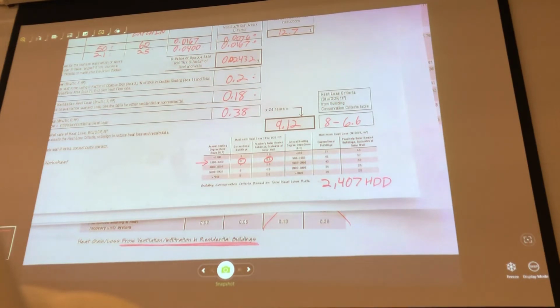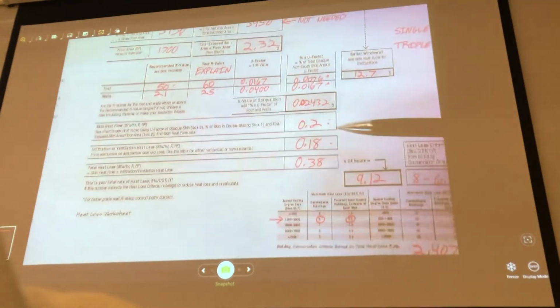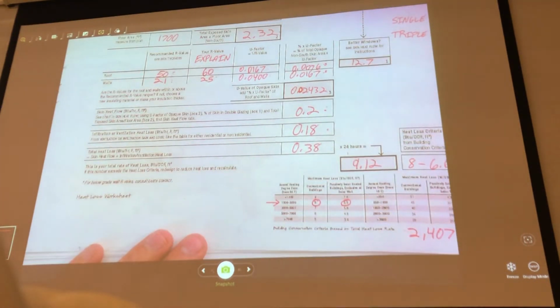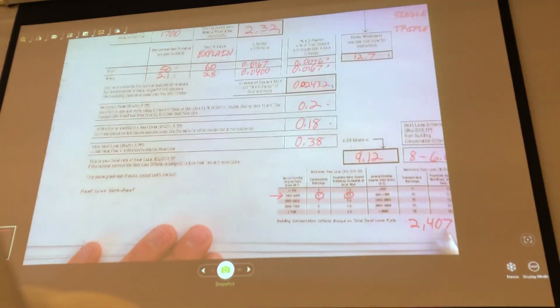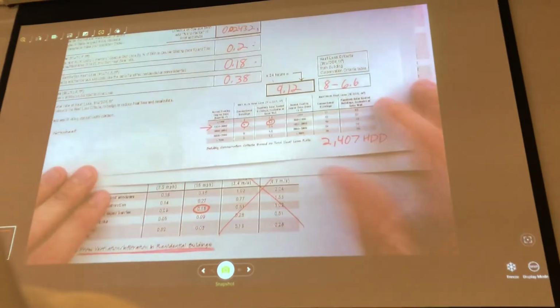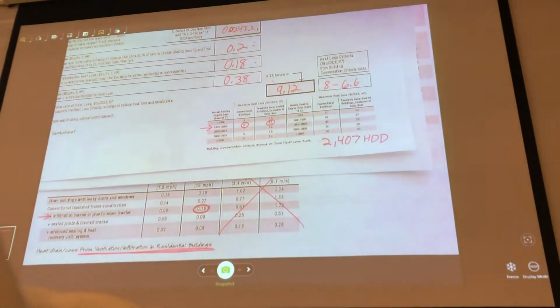Question? Can you re-explain this last portion? Where'd you get the 2400? The 2400 on the bottom right? So this right here is based off of our climate data. If you look at the Las Vegas meteorological data, where they take the average temperature for the entire year, remember, a heating degree day is the difference in temperature between outside and inside, where it is colder than, and the typical heating degree day is 65 degrees interior temperature.